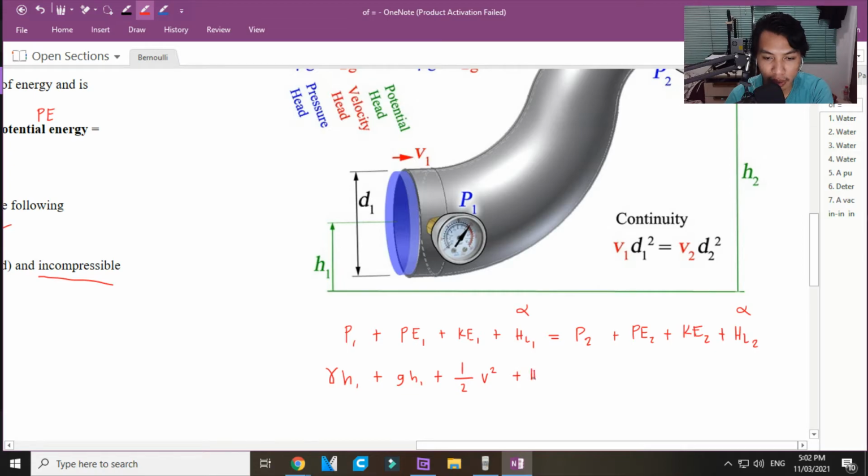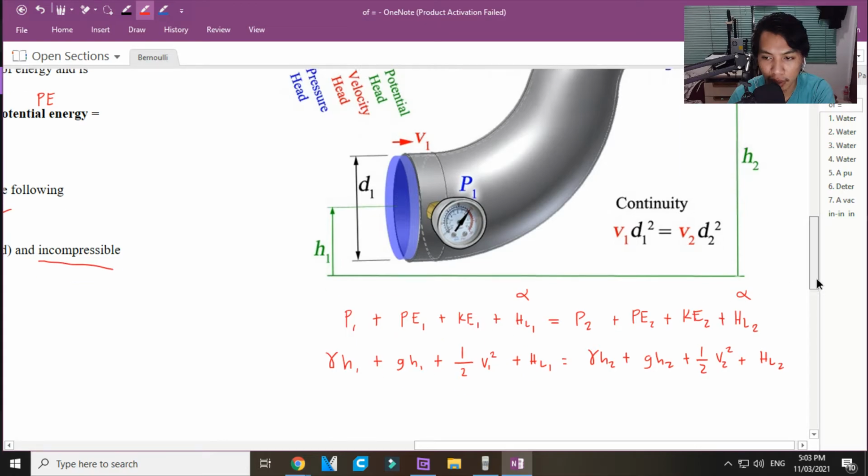Plus head loss 1 equal to plus. I-leave behind muna natin to ha. Huwag natin sama to pag ginawa natin yung dulo.